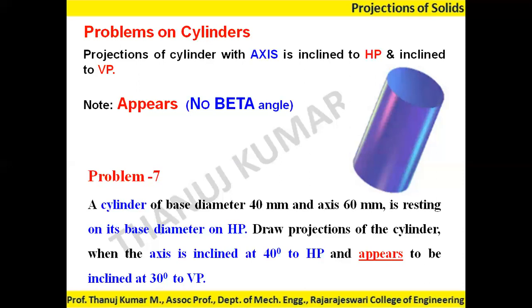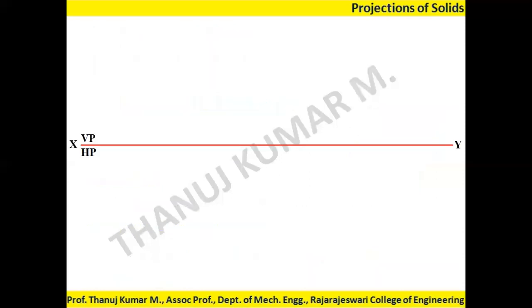So let us start the problem. As usual, we have to start by drawing the XY line, VP and HP, to specify it's a first quadrant or first angle projection. Then you have to draw a circle of diameter 40 mm using a compass like this.